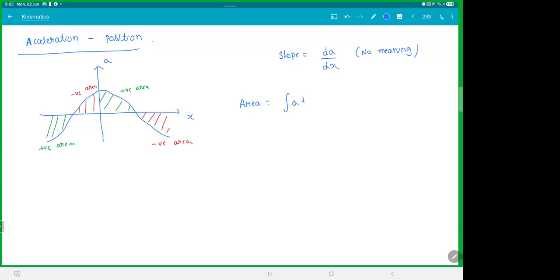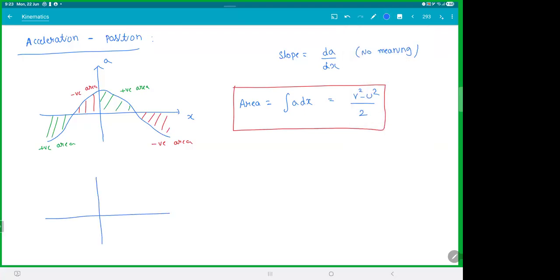Area is integral a dx. This is nothing but v square minus u square by 2. Look at that formula. It looks like v square minus u square is equal to 2as, isn't it? So don't get confused between AT and AX. Both give completely two different things. So same way, if I put an FX graph for this, I can just copy paste it.